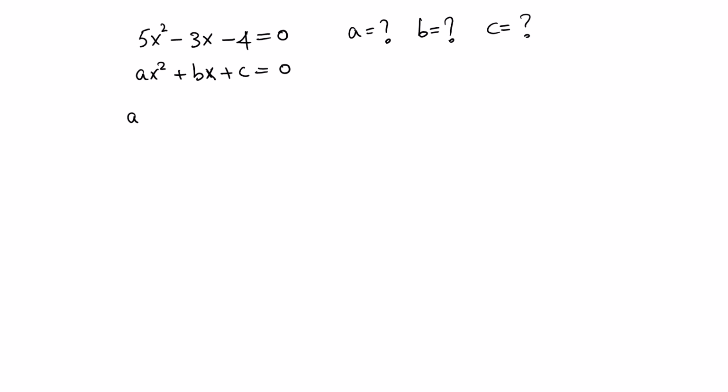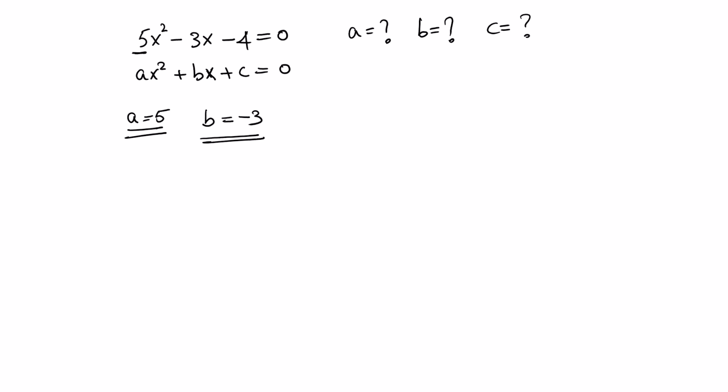In this equation, the coefficient of x square is 5. So a is equal to 5. Now, what is the coefficient of x? It is b, right? Here, the coefficient of x is 3, but in the standard equation, the sign just before this x is positive. Here it is negative. So you should consider the sign as well. So the coefficient b is equal to negative 3.